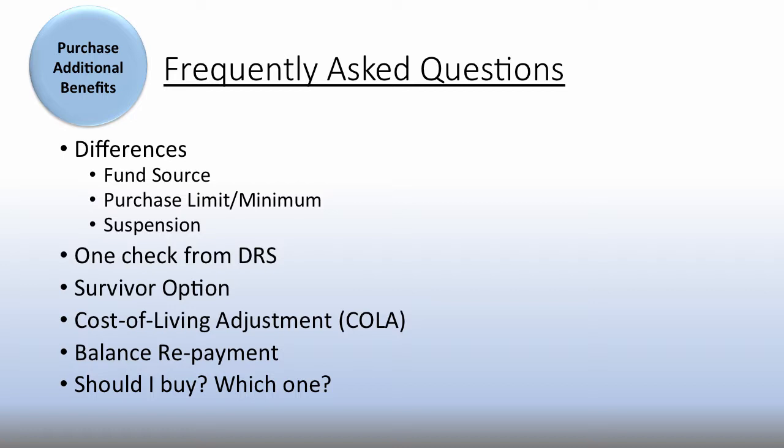But if you buy an annuity, that is actually accounted for separately. It just sits on top of the pension, but it's not part of the pension. So if you come back to employment, your pension stops, but the annuity payment will continue. You will receive that even while you're still working in another position. So that's one little difference. There's not a lot of differences, but those are the couple of differences.